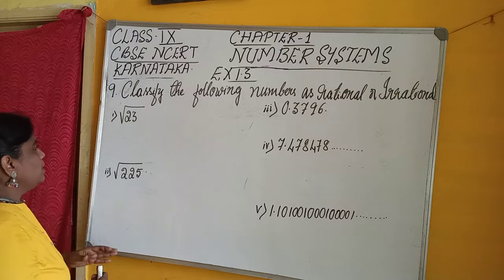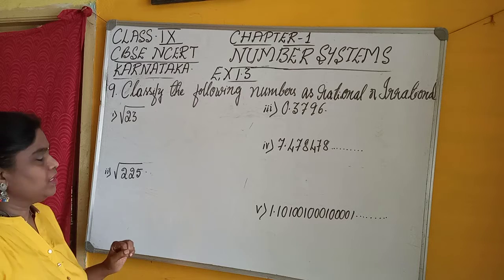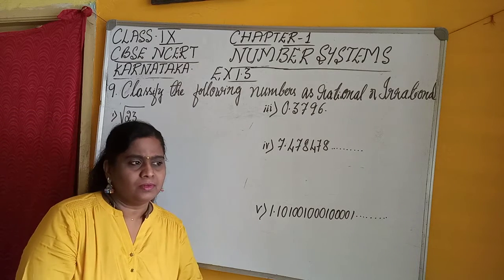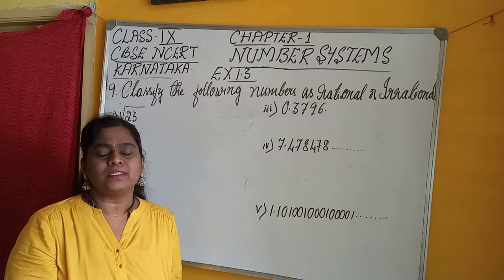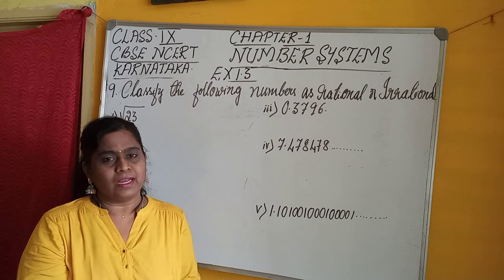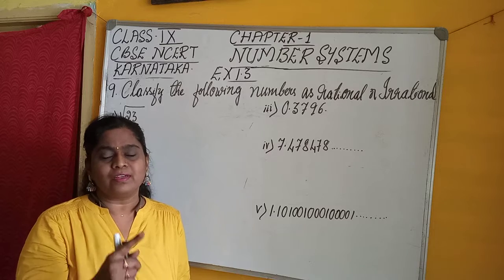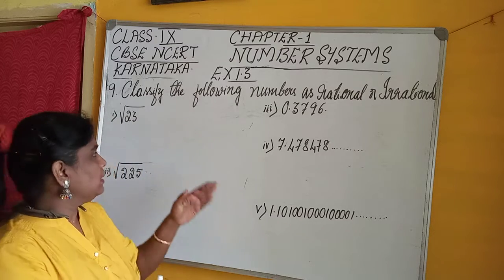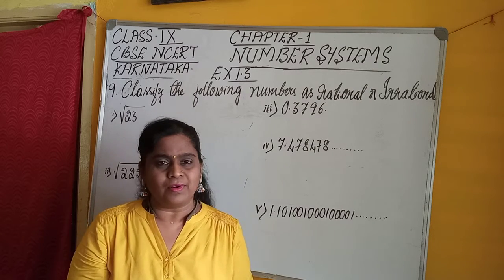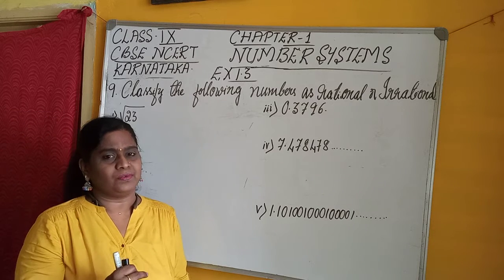In the first number, it is given that the square root of 23. According to the mathematical concepts, the square root of a perfect square is a rational number. In the same way, the square root of an imperfect square, and here 23 is an imperfect square.